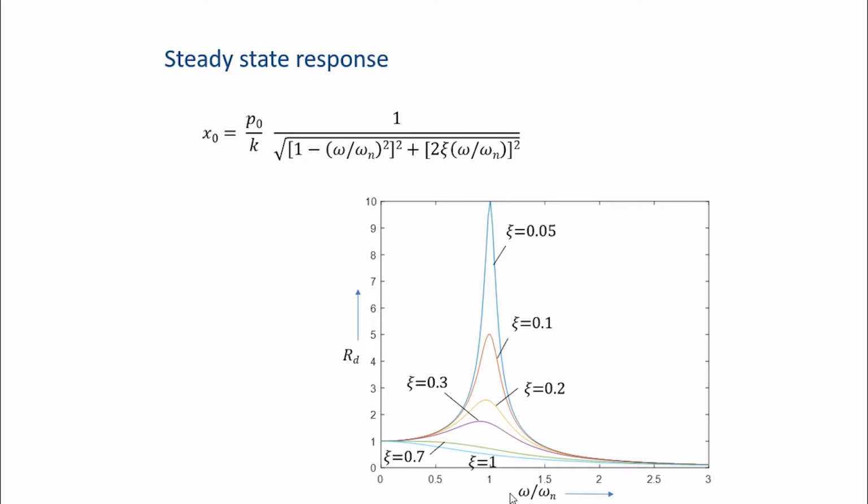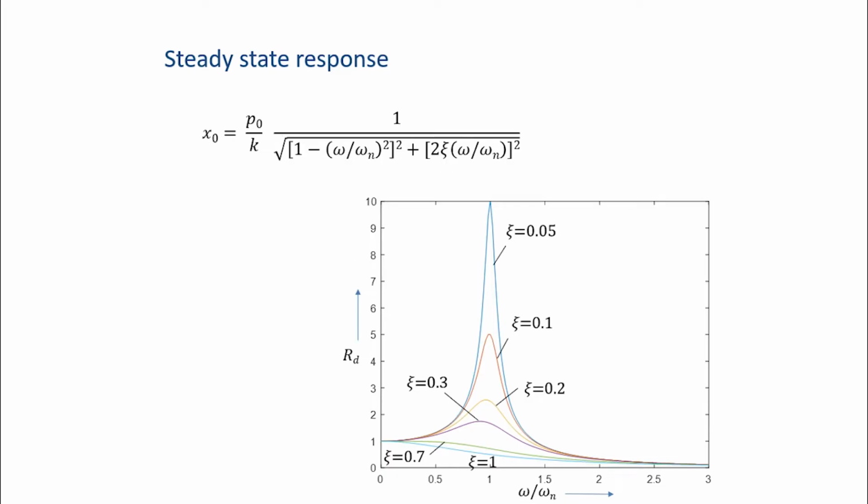That means when the frequency ratio is much smaller than 1, the steady state amplitude response will be equivalent to the static response. So x0 will be equal to P0 by K when Rd is 1.